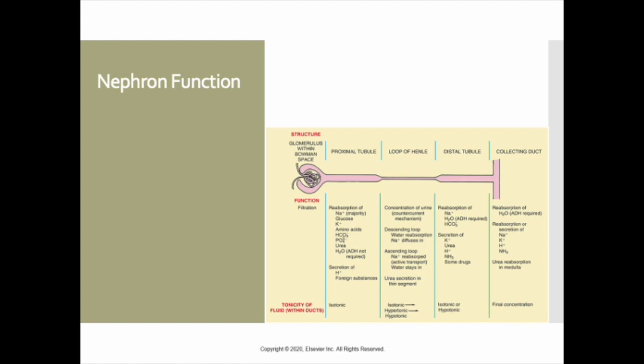Specifically, bicarb or bicarbonate is completely filtered at the area of the glomerulus, and about 90% is being reabsorbed in that proximal tubule space. So in the tubular lumen, we have hydrogen ions being actively exchanged for sodium, but these hydrogen ions will eventually combine with bicarbonate ions, and when they come together, they form carbonic acid.